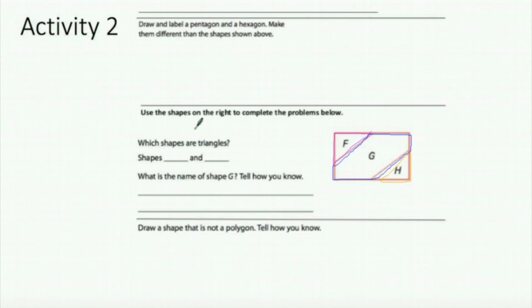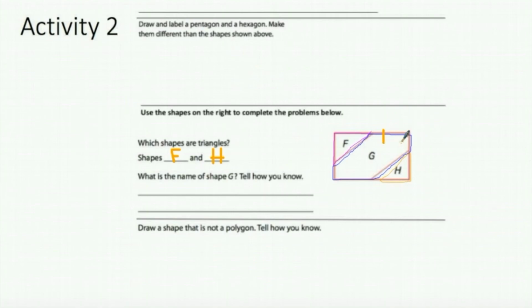Okay, so it says which shapes are triangles. Now I want you to remember what attributes give a triangle: 3 sides and 3 angles. So that would be F and H. Okay, and then what is the name of shape G?